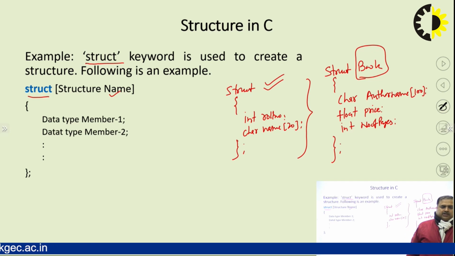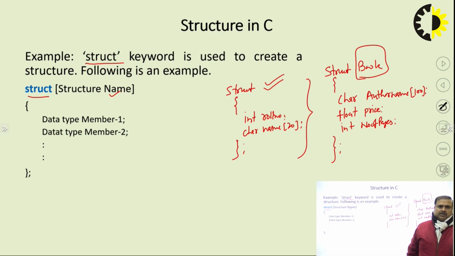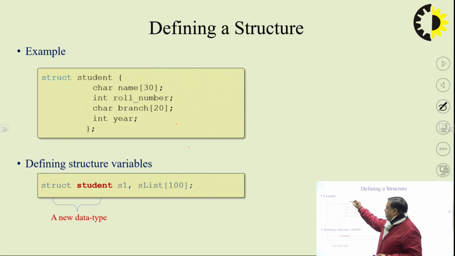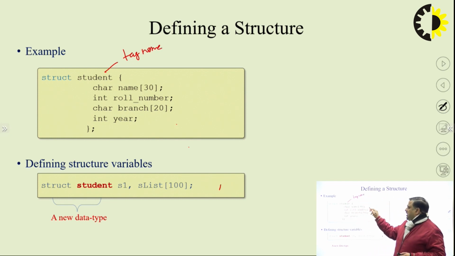So we use the struct keyword to create a structure, followed by a name or tag for that structure, and we define what kind of members it has. For another example, struct student: this is the tag name for this structure, and we have name, roll number, branch and year as data members.